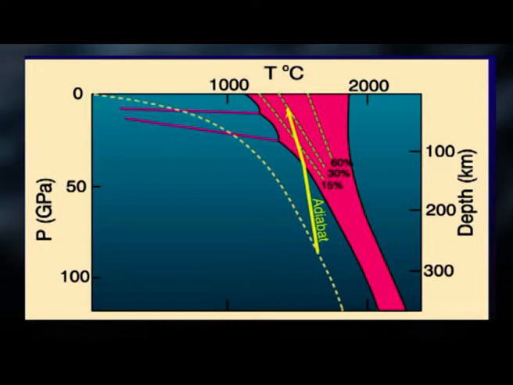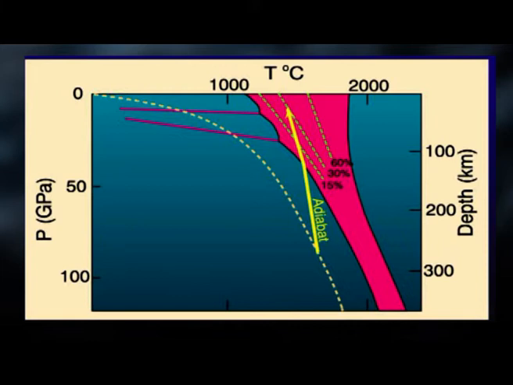The effect of these agents on melting can be understood with reference to the figure. It shows dry and wet solidus curves of a crustal rock or mantle rocks. Material A is below the solidus and is completely solid.